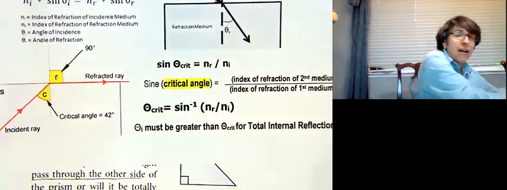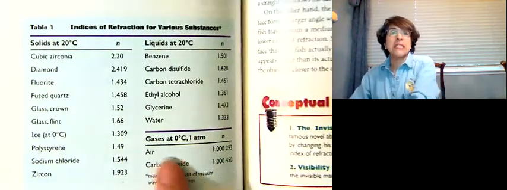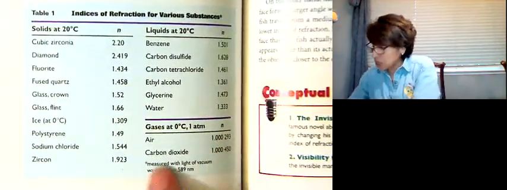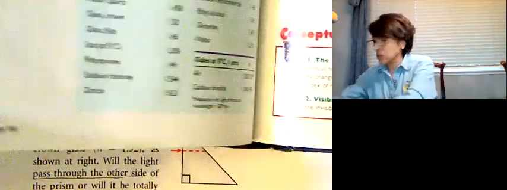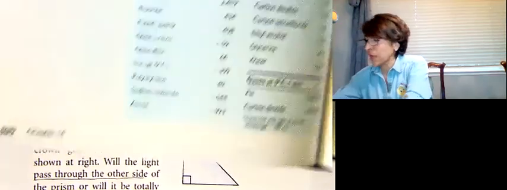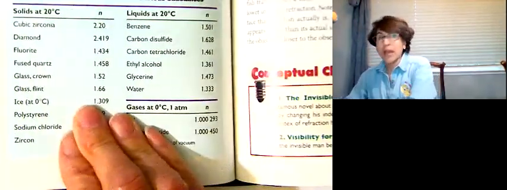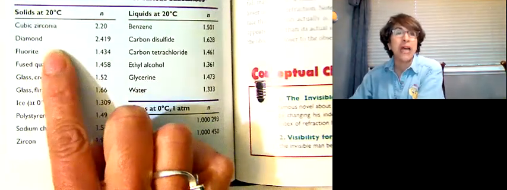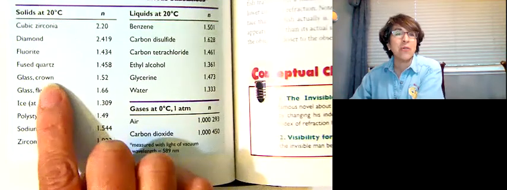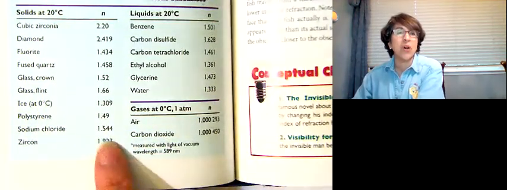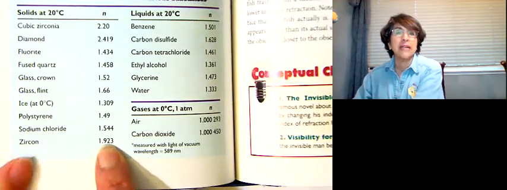So what are some indices of refraction? This is on page 490 of your textbook. I can't show this, too big. You're going to need to look at this for the homework. Here we have cubic zirconia, diamond, look at that, pretty big. Fluorite, quartz, glass, crown glass, flint glass, etc. Notice how cubic zirconia versus zirconium, it's not the same thing.